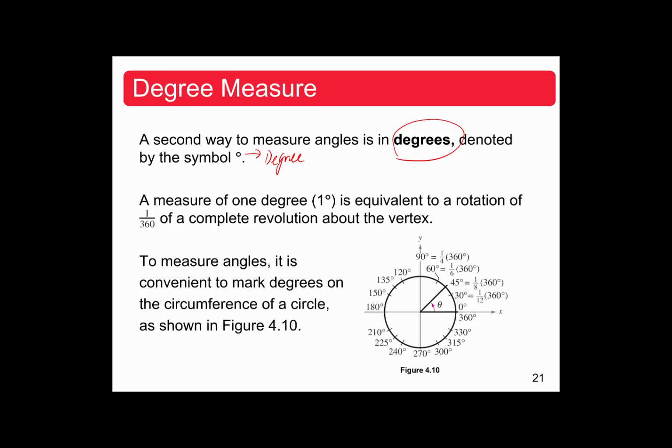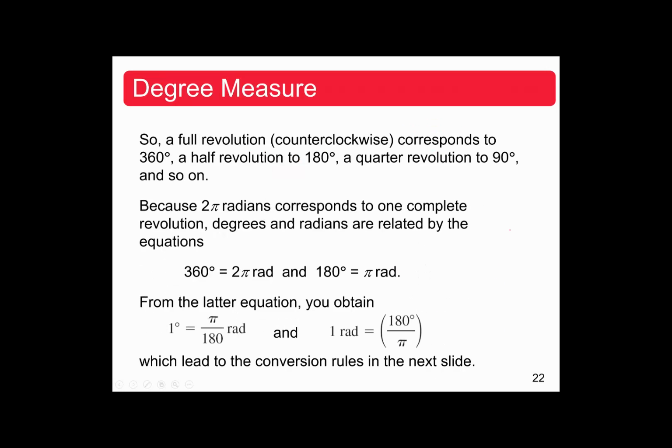We use 30 degrees, 45 degrees, 60 degrees, 90, 120, 135 degrees, 150 degrees, 180 degrees. All of those angles are popular angles. And the full revolution, one full cycle, is 360 degrees. Half of it will be 180 degrees, a quarter will be 90, and so on and so forth.